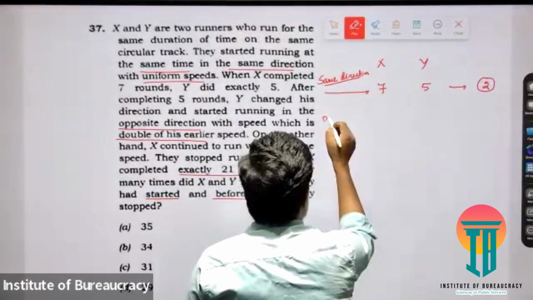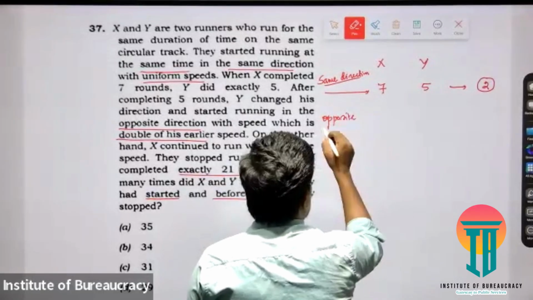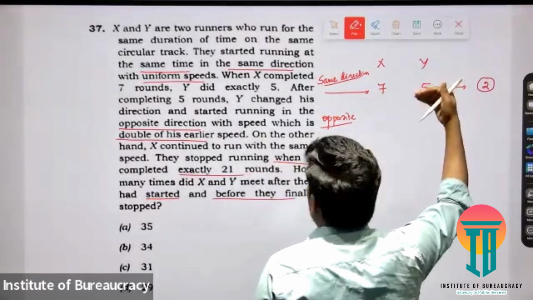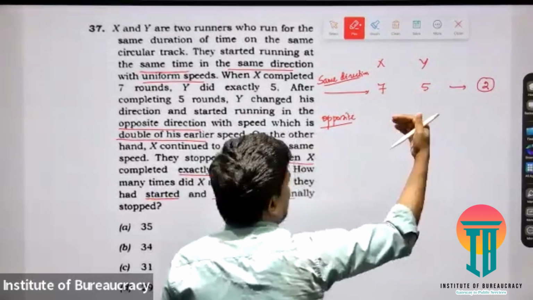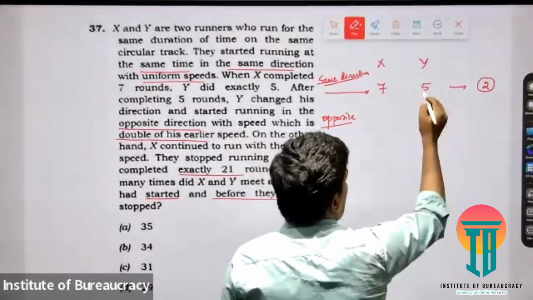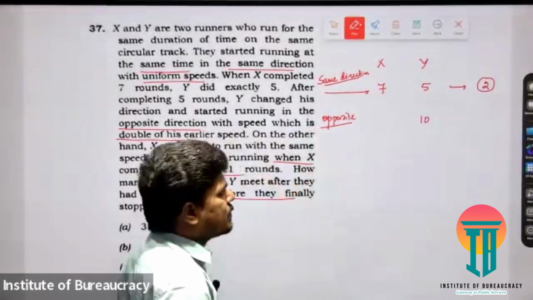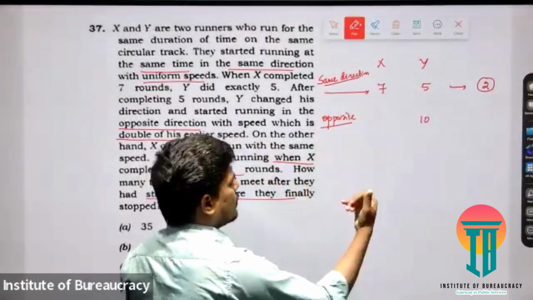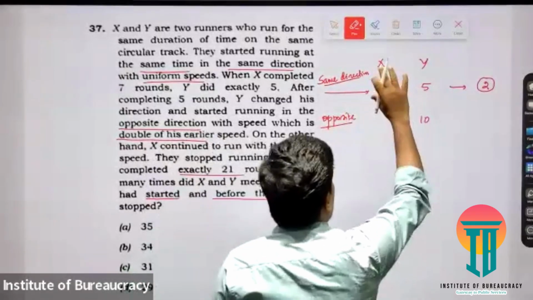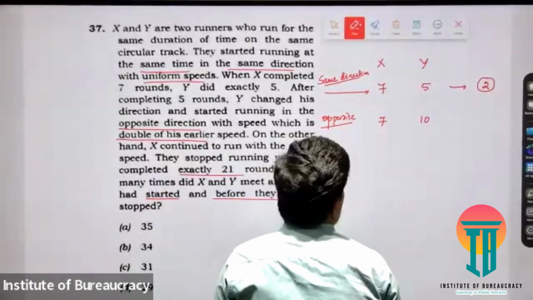In the opposite direction, after these 5 rounds, Y doubles his speed. That means in the same time, the double speed will go 2 times the rounds. If you double the speed, instead of 5 rounds, now you will go 10 rounds. But in the same time, X goes with the same speed, therefore X will complete only 7 rounds.